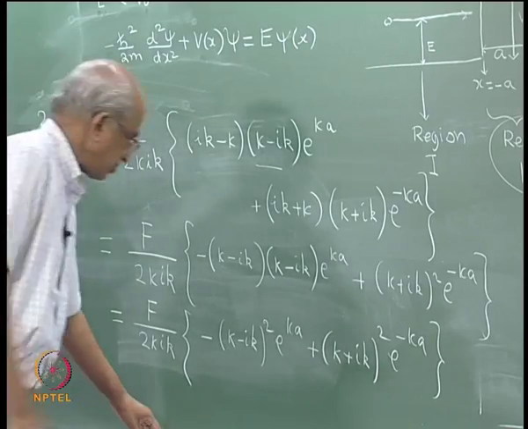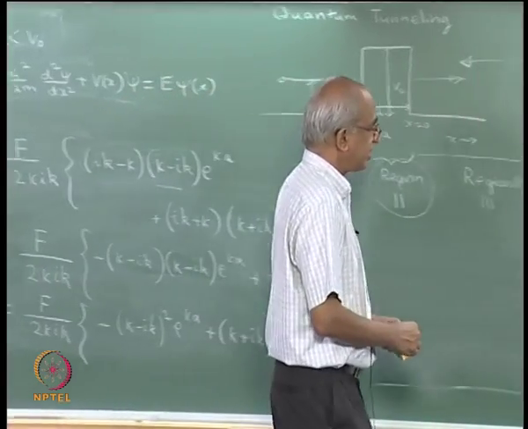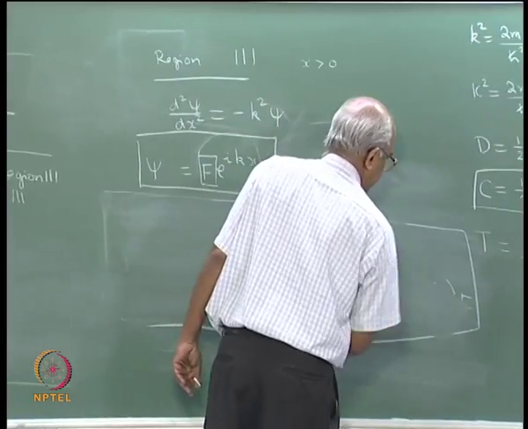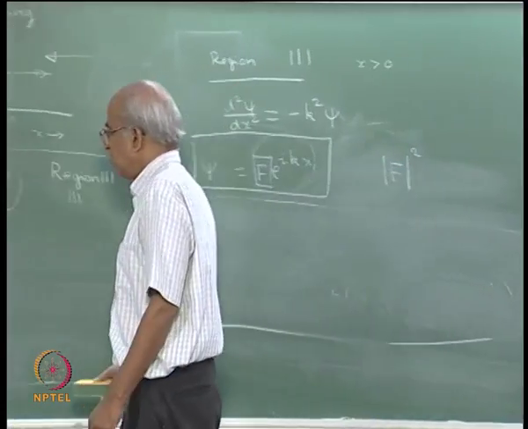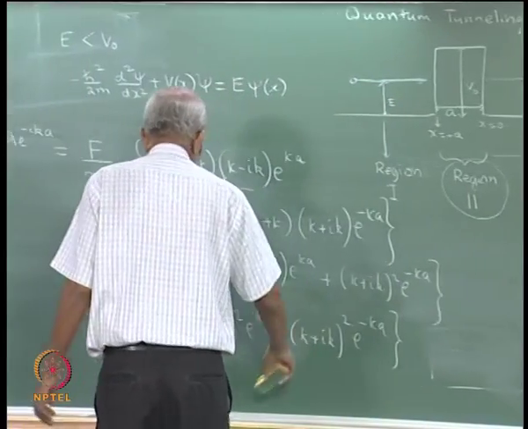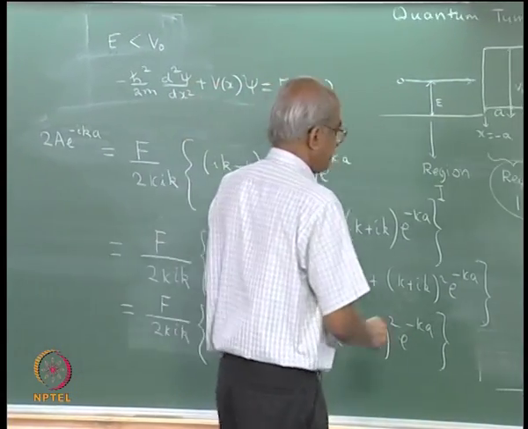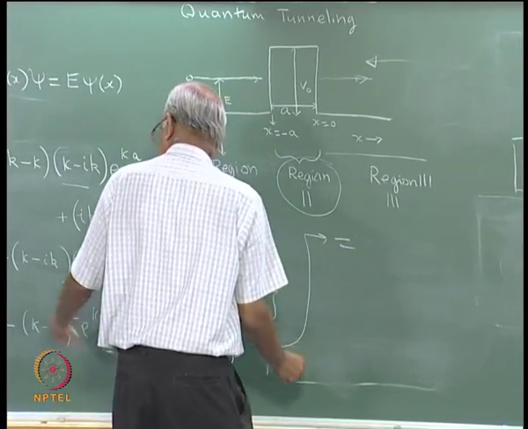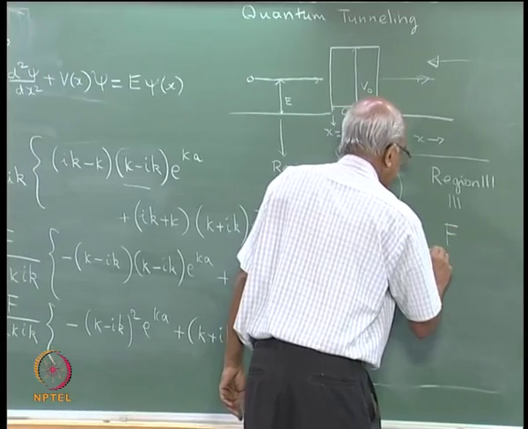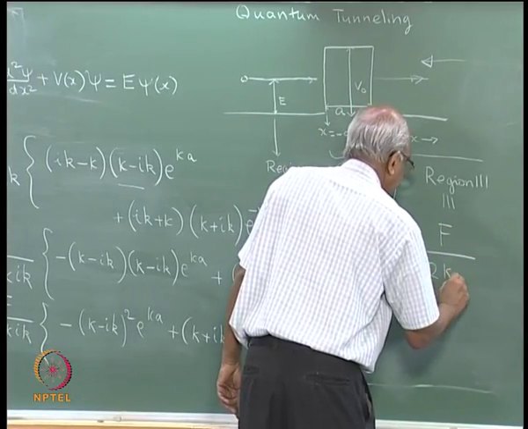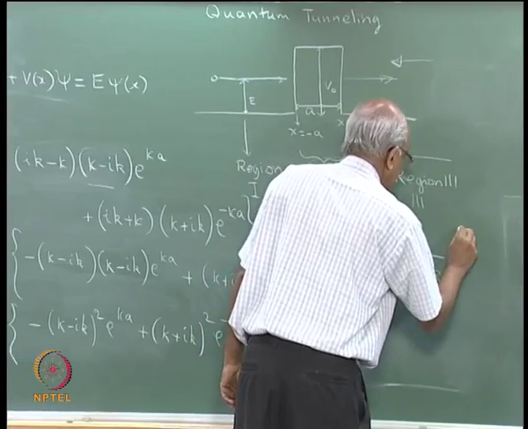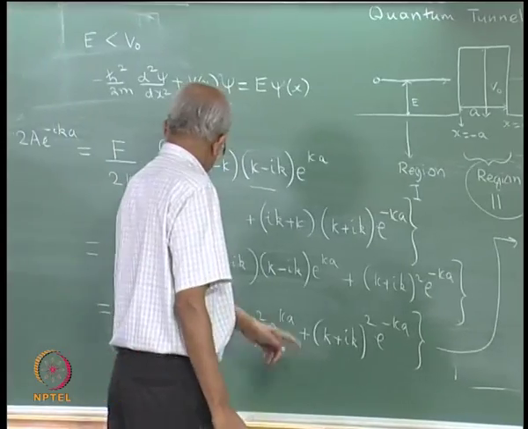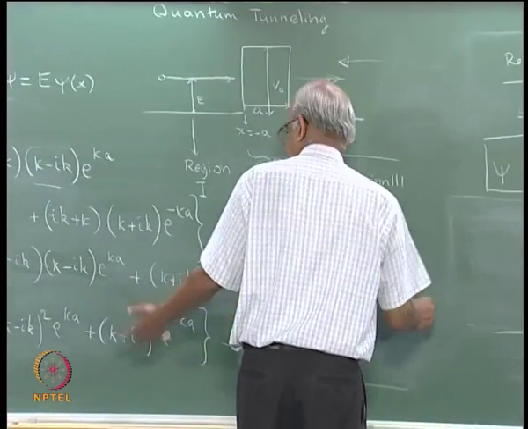Well, now I will simply expand the squares of both the terms and add them up. What I mean is I shall expand these two squares and find the answer. So, from here I am going to continue, f divided by 2 kappa ik, when I take this square, what is going to happen?